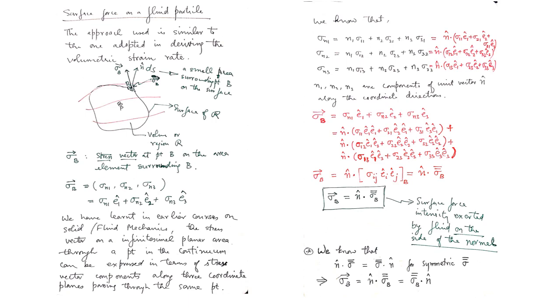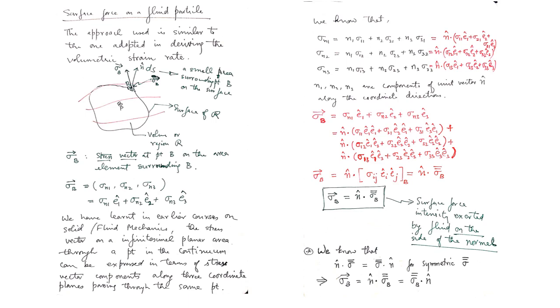So all this you can do yourself, and you will be able to finally verify, because after all n cap dot e1 will be n1, n cap dot e2 will be n2 and n cap dot e3 will be n3. So this is another way of writing the expression that I have written on the left.